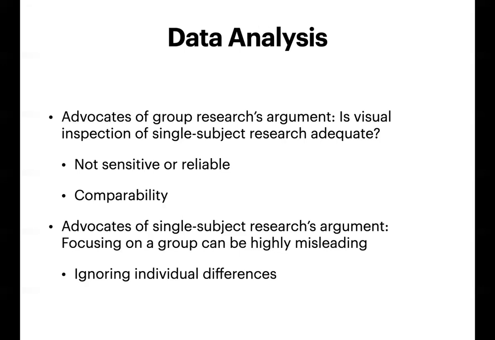Some advocates of single subject research, on the other hand, raise concerns about how group researchers analyze their data. They argue that relying on group averages can be very misleading.